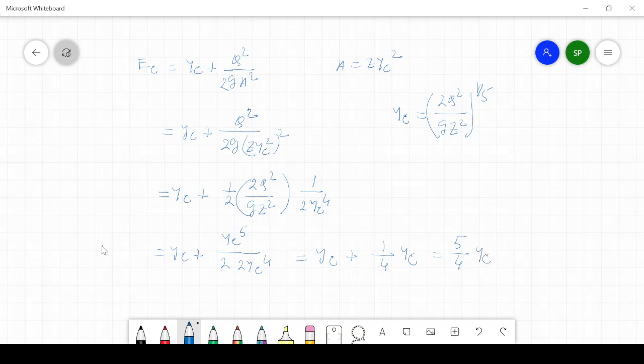Ec is equal to, so ultimately you are getting Ec for triangular channel is equal to 5 by 4 yc. Clear? Up to this much clear? Is it clear to you? Okay.